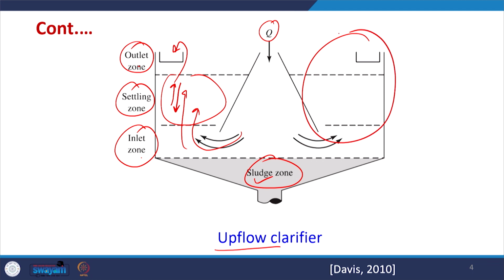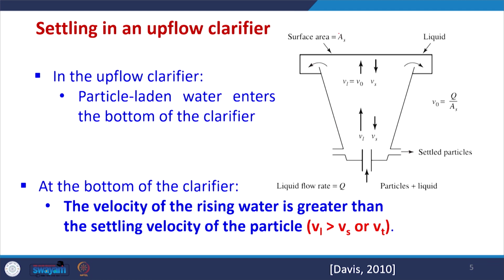Now, settling in an upflow clarifier: suppose we concentrate on any one of these sections. Here the particles plus liquid, with a certain flow rate, are going up. The liquid goes up, but the sludge particles are settling down.